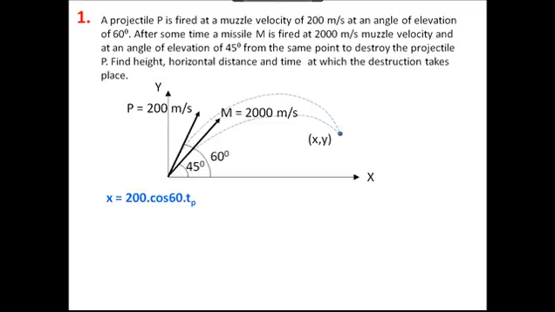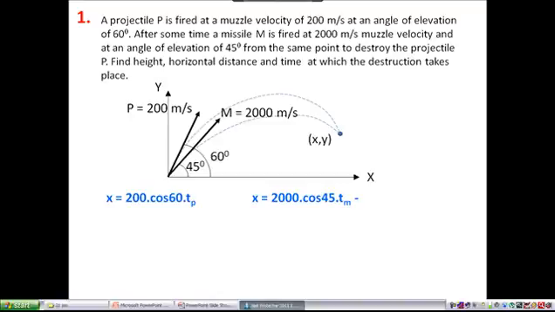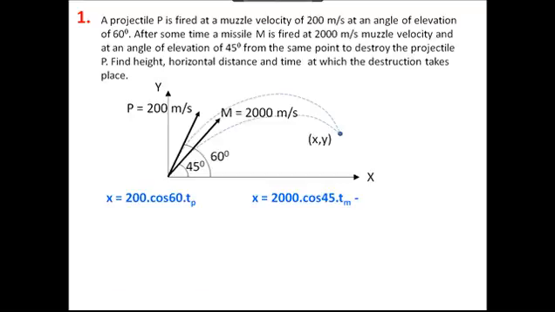Now the same x for the missile will be 2000 cos 45 into Tm, if Tm is the time required to reach distance x for the missile. Now it is the same x, so we equate these two, and if we do that, we get a relation between Tp and Tm.